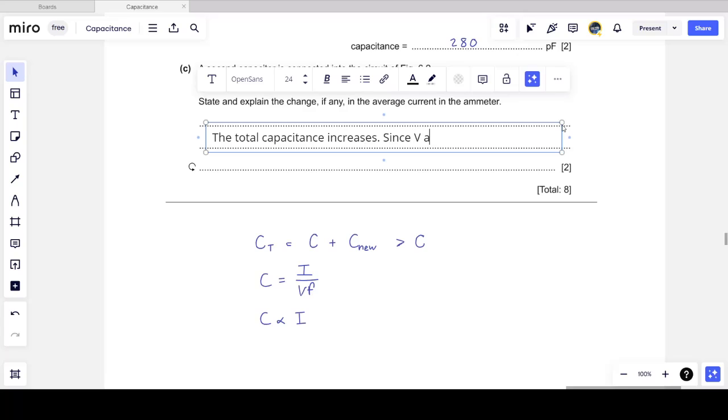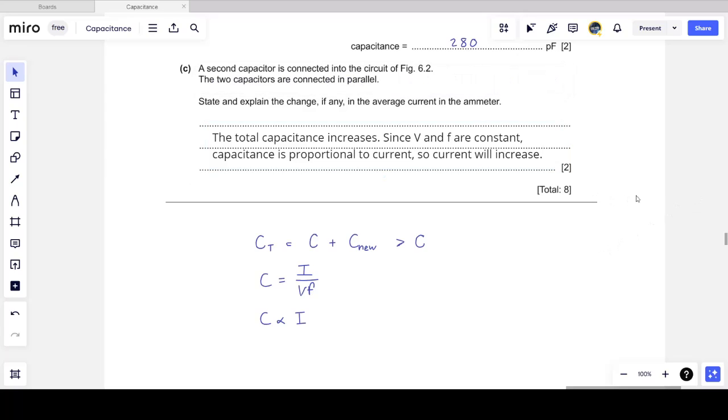Then I can say since V and f are constant, capacitance, like I said before, is proportional to current. So obviously current will increase as well, because capacitance increases and current is proportional to capacitance, so current increases as well.